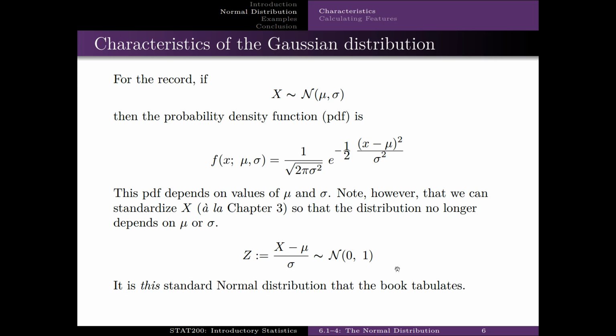It's a standard normal distribution with mean 0, standard deviation of 1. So the normal distribution has two parameters, mu and sigma. The standard normal distribution has no parameters. And it's the standard normal that is tabulated in books.